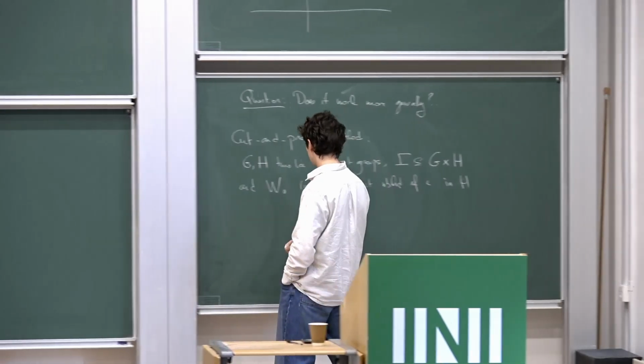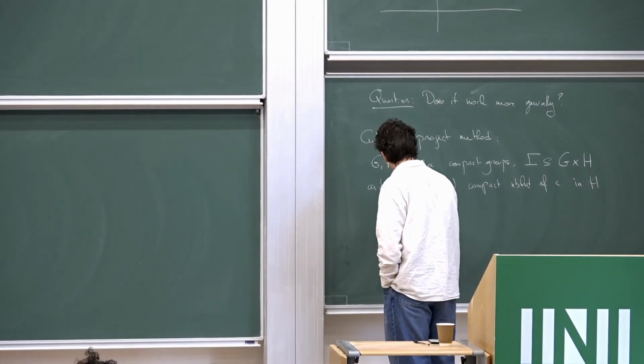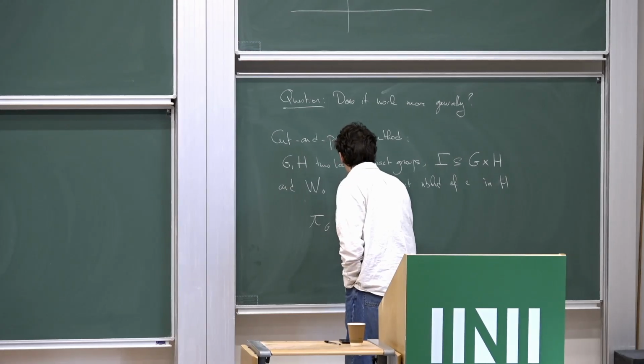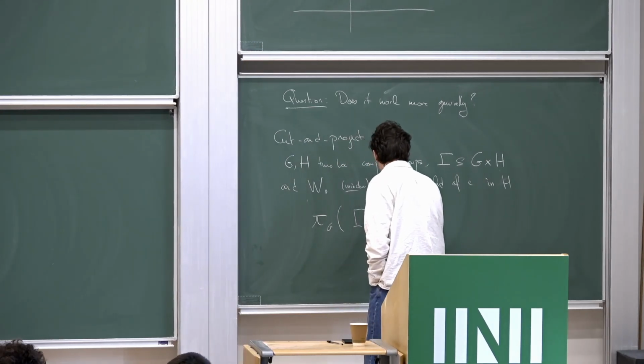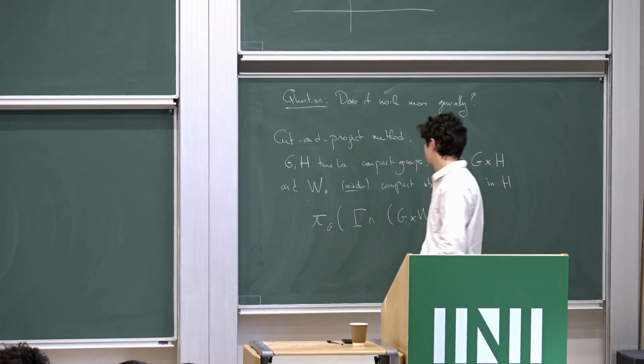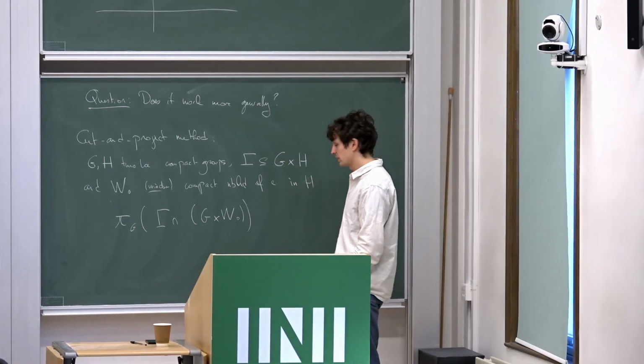Then define the model set as the projection to G of gamma intersected with the strip around G. That's what you call a model set.